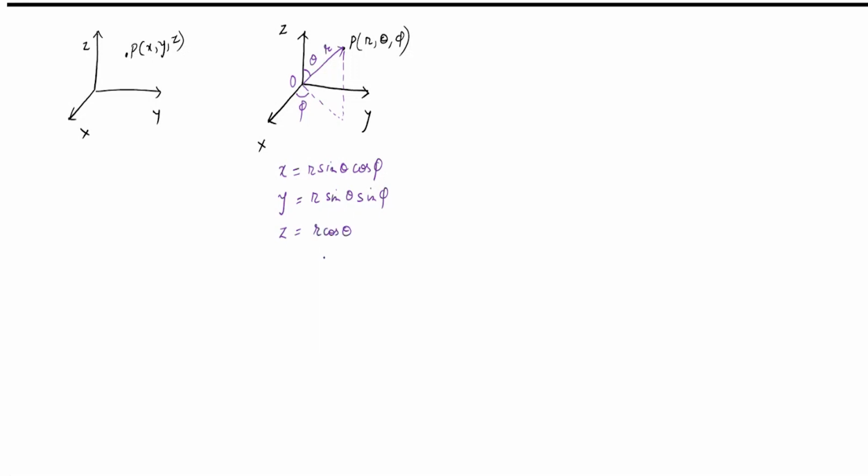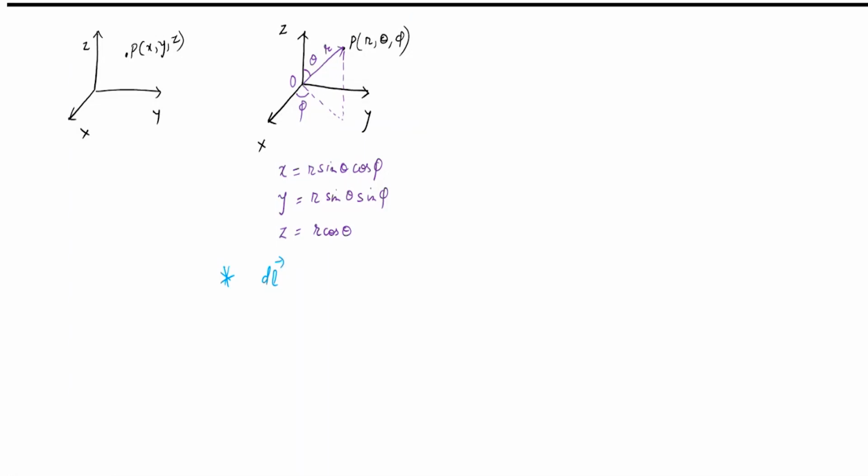Good. But here the important point which I want to emphasize is the increment vector, dl vector. This is very important because most of the electrostatic problems can be solved easily if you know the incremental vector dl.